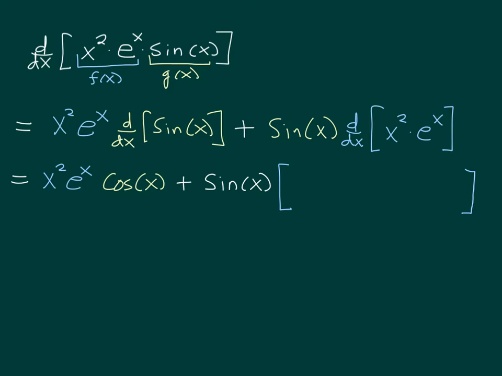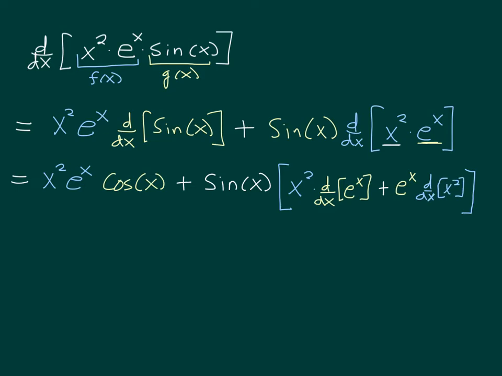Notice we once again have a product, x squared times e to the x. So now my first function I'm going to treat as x squared. My second function I'm going to treat as e to the x. So applying the product rule again on this product, x squared times e to the x, I have my first function times the derivative of my second plus my second function times the derivative of my first.